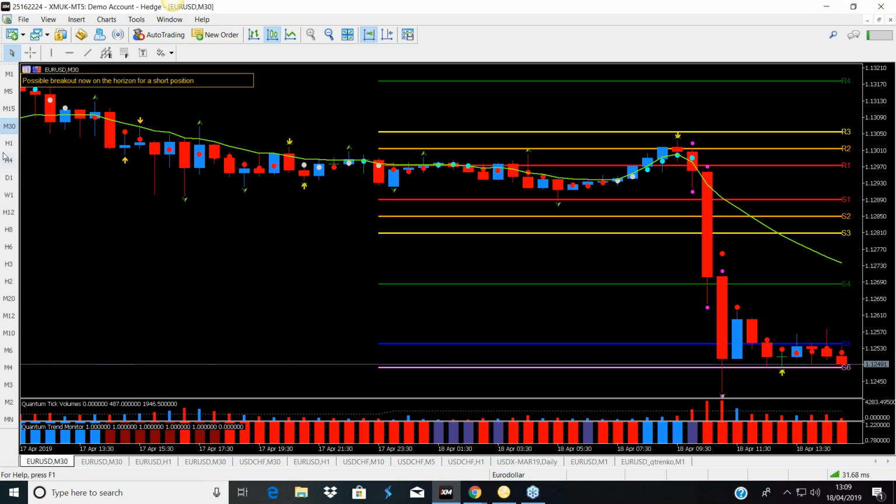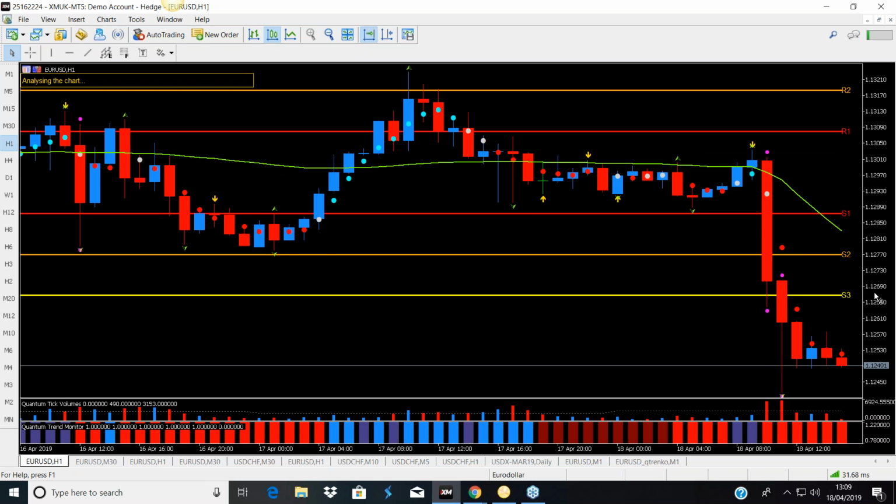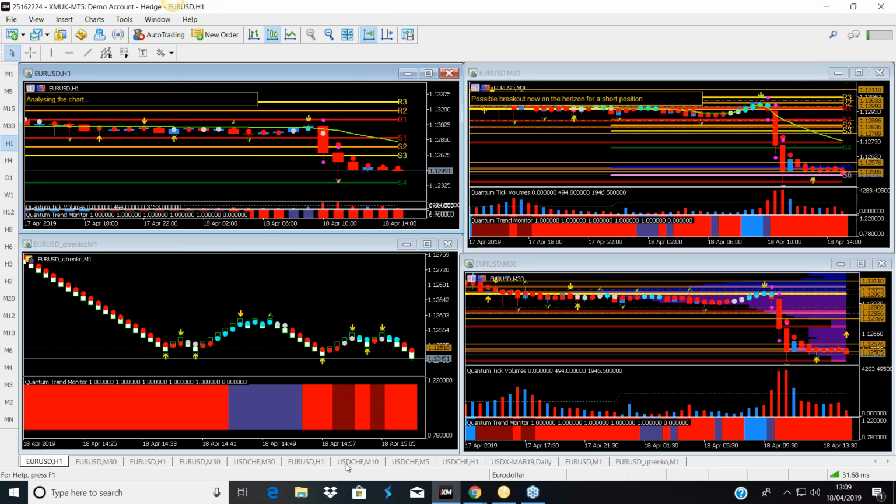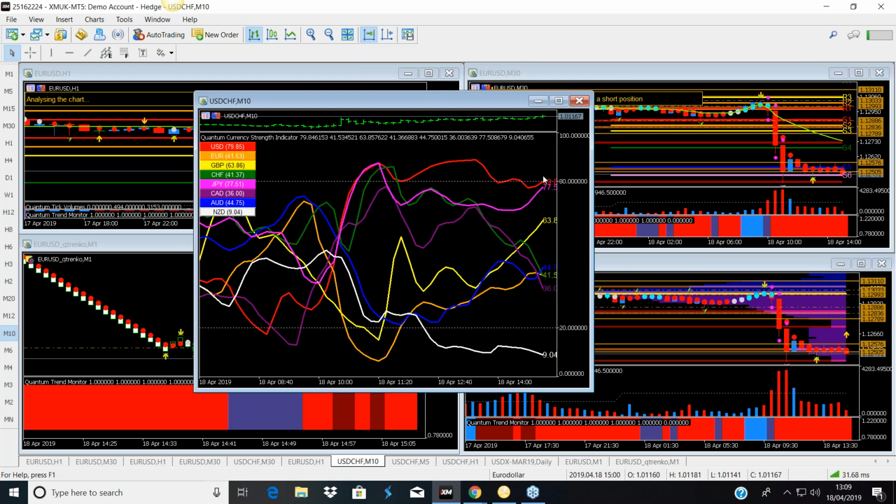Now, if it breaks that, we need to go up a time frame. Let's have a look, because we've only got 6 there. And as I said, this is where it will be aiming for 1.2350. But we have to wait for the news. So going back to the CSI, the CSI is also telling us the dollar is looking to be very overbought. The euro, you can see it turning over.